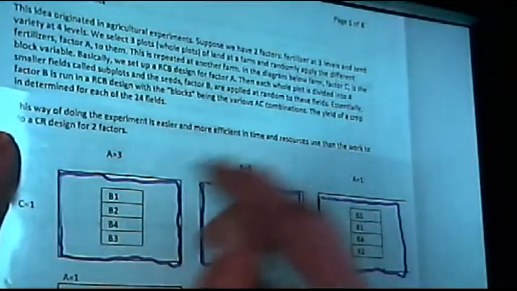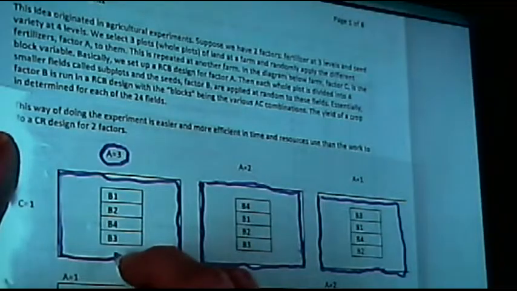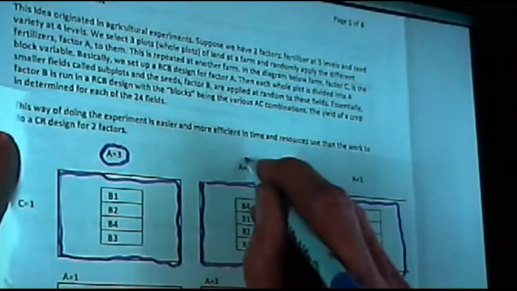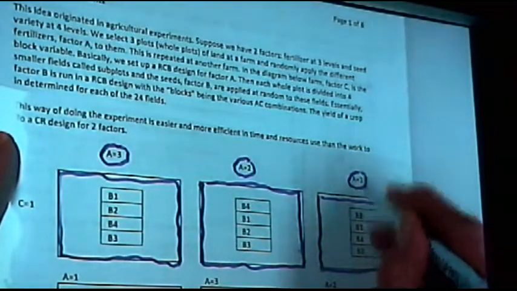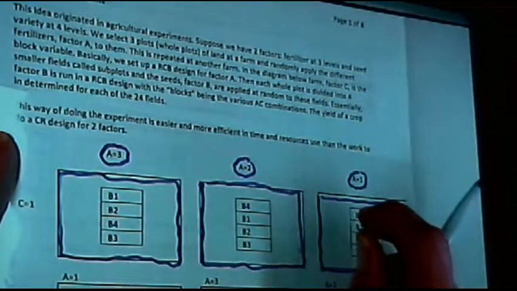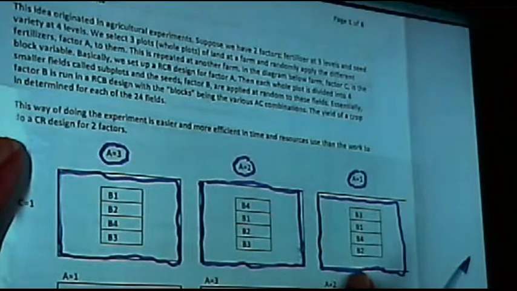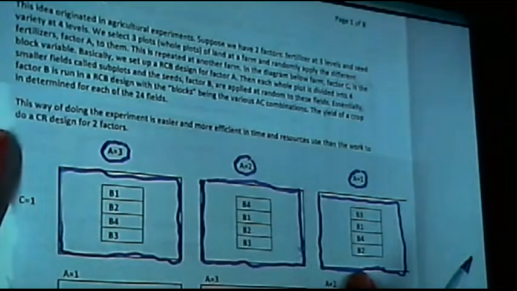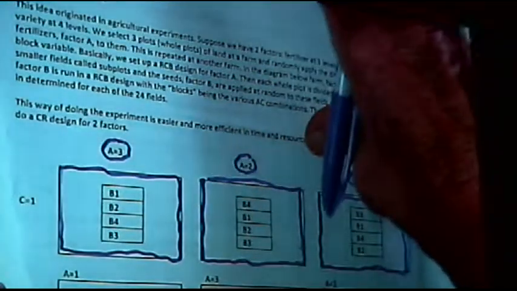So A equals 3 at random went to this one. A equals 2 at random went to this one. A equals 1 at random went to this one. So I assign the levels of factor A to the 3 plots of land. Okay. Now I go to another farm and do the same thing.